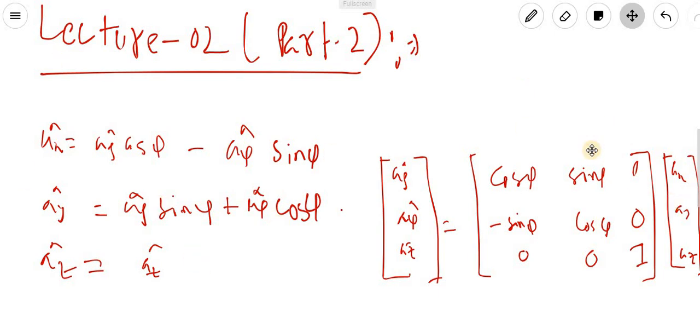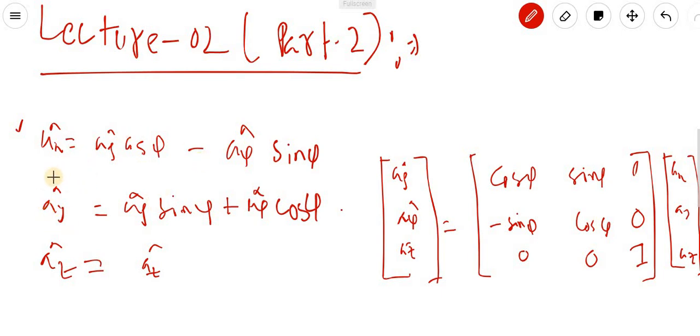In the circular cylindrical coordinate system, in the geometric way, we have seen that ax = a rho cos phi minus a phi sin phi, ay = a rho sin phi plus a phi cos phi, az = az. These relationships we got from the geometrical view.